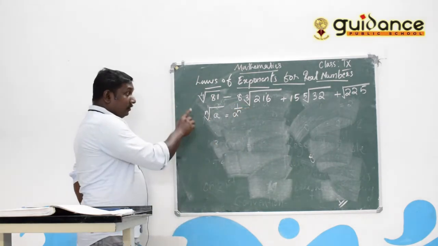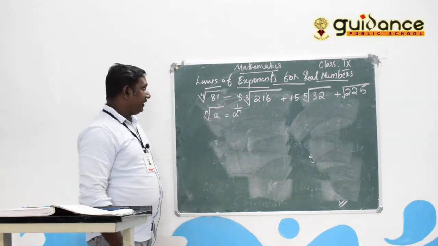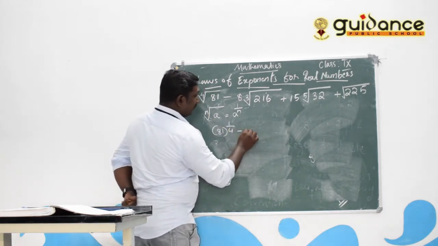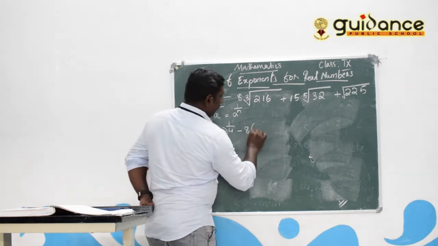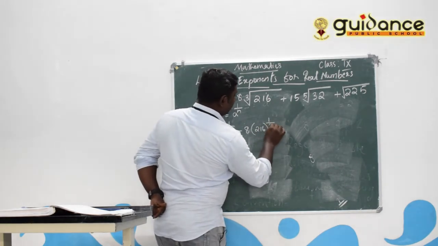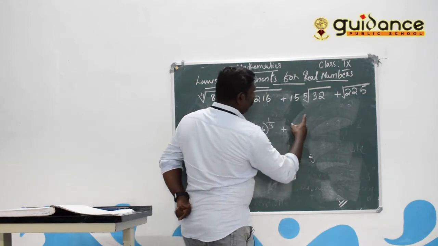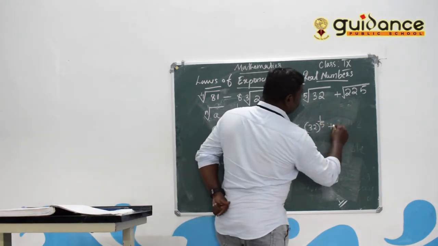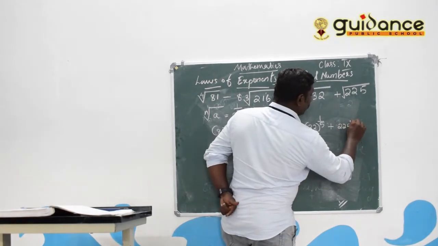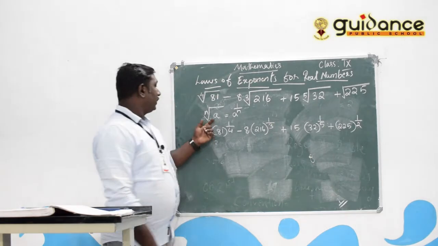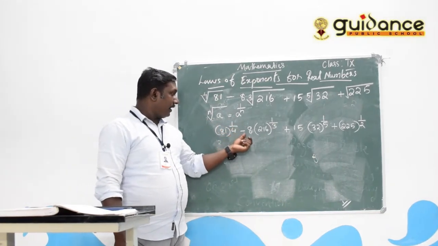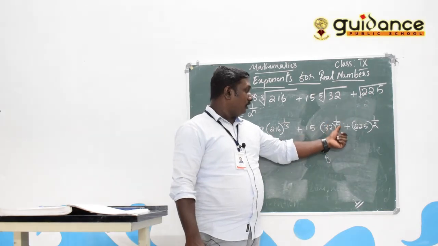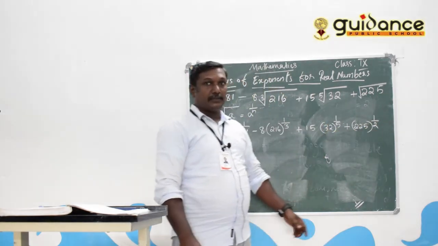So we can write 81 all raised to 1 by 4 minus 8 into 216 raised to 1 by 3 plus 15 into 32 raised to 1 by 5 plus 225 raised to 1 by 2.